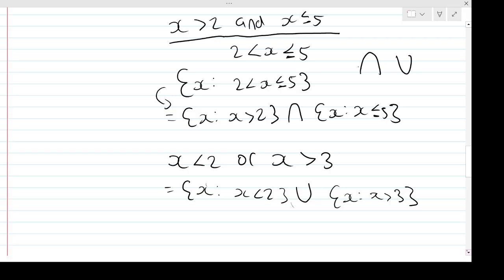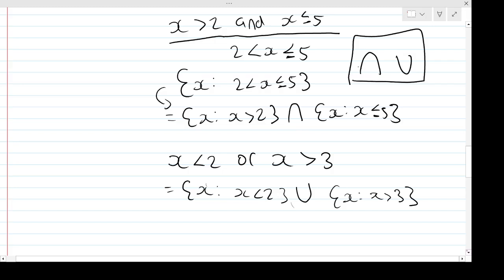Okay, there we are. So that's essentially it. The main idea is you know how to write the curly brackets of x such that, and then you give it an inequality. So in this example, this part is saying the set of values of x such that x is greater than 2, okay? And when you combine inequalities, you might need to use these symbols here, which mean and, or, okay?